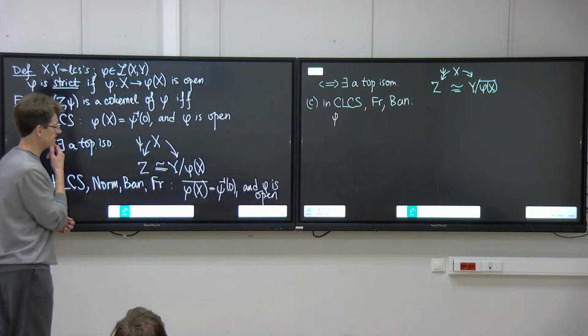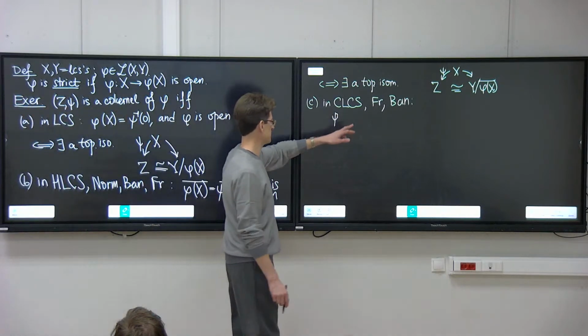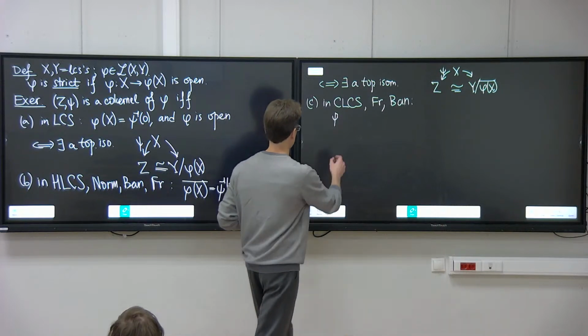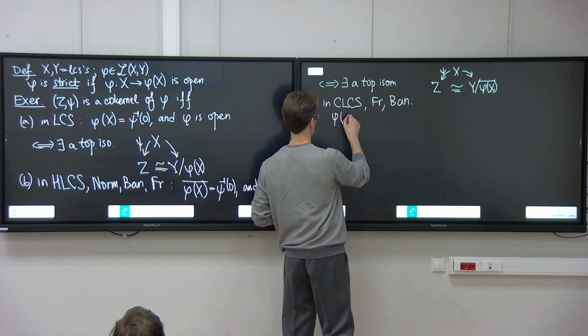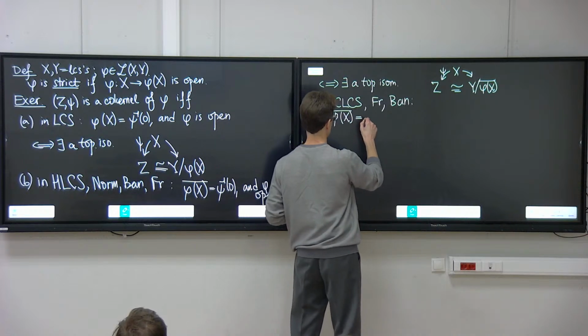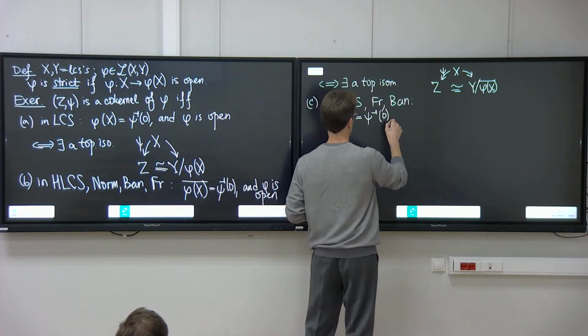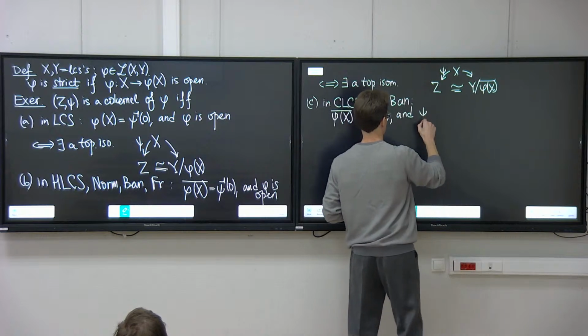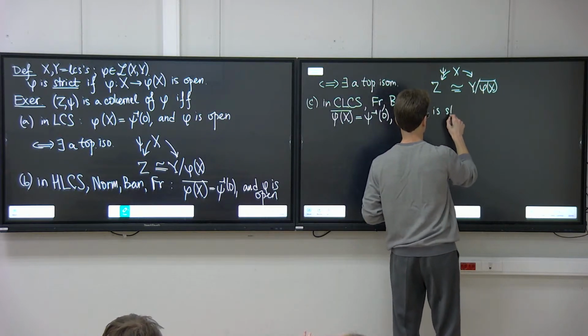Okay, now let's look at the category of complete locally convex spaces. So psi is a co-kernel of phi if and only if the range of phi is dense in the set theoretic kernel of psi, and psi is a strict map with dense range.